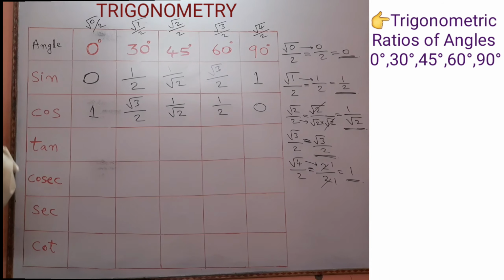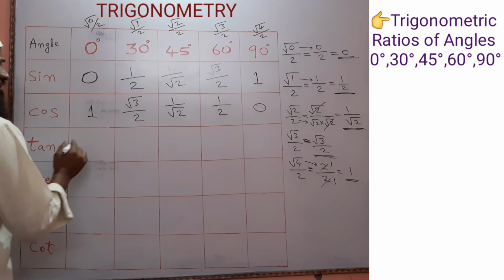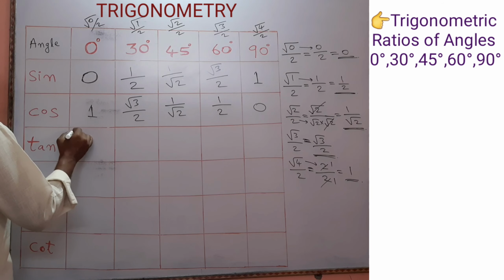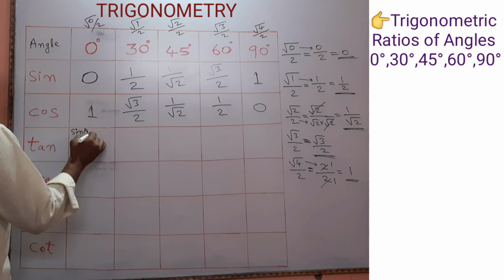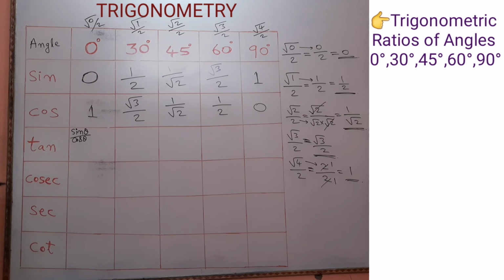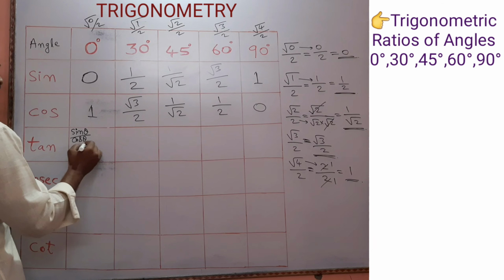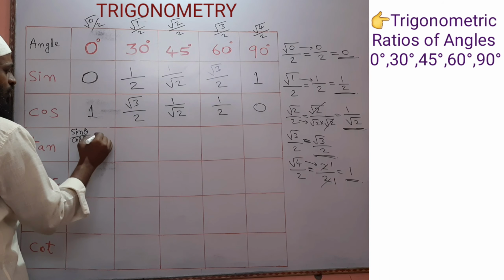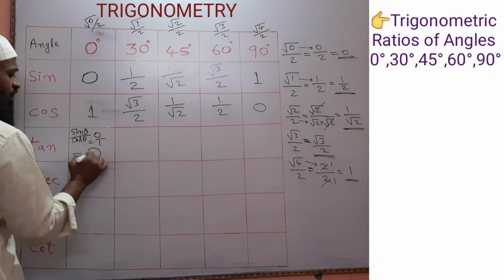The tan values. We know, students, tan theta is nothing but sin theta by cos theta. If we divide sin by cos, we get tan value. So sin 0 value is what? 0. 0 by 1 is what? 0 only.